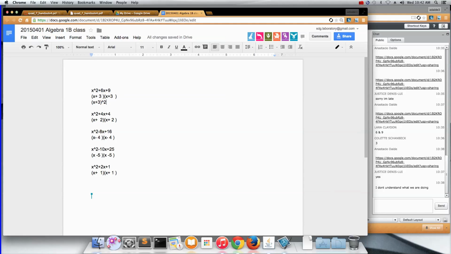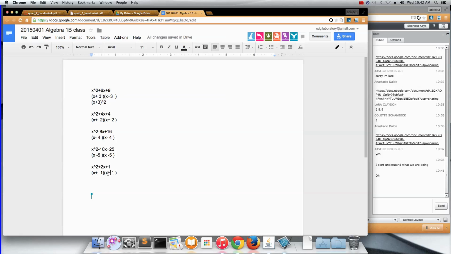They're the same. That's what you can tell me. What I mean is, the two numbers are the same number. You're going to choose 3 and 3, or 2 and 2, or -4 and -4, or -5 and -5, or 1 and 1. They're the same, right?